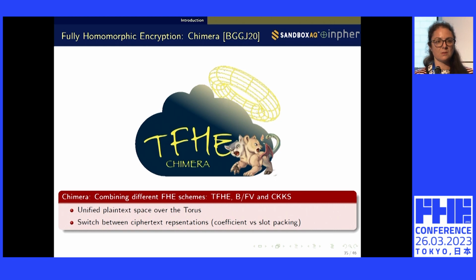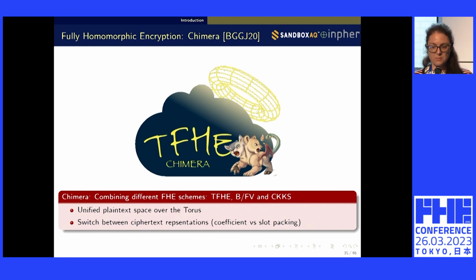Now with the Chimera work, we show how we can unify all plaintext spaces over the torus, and also how we can switch between the ciphertext representations.